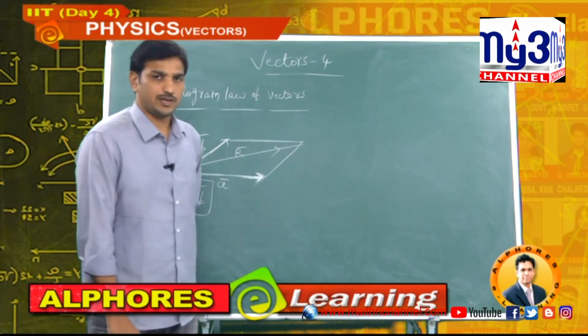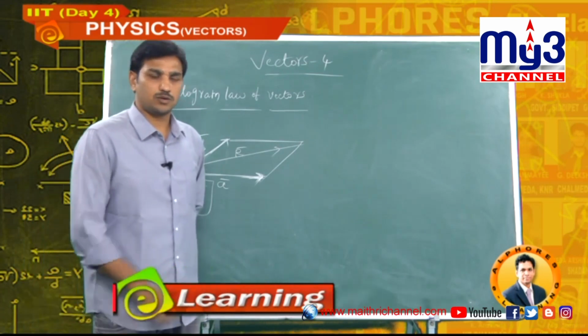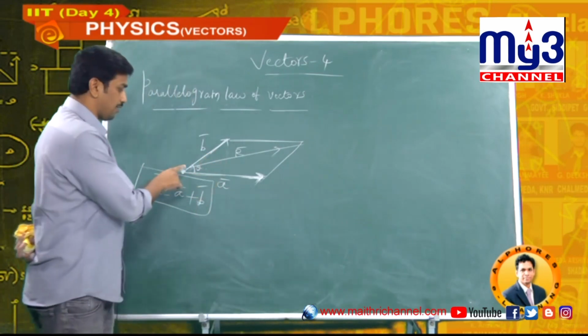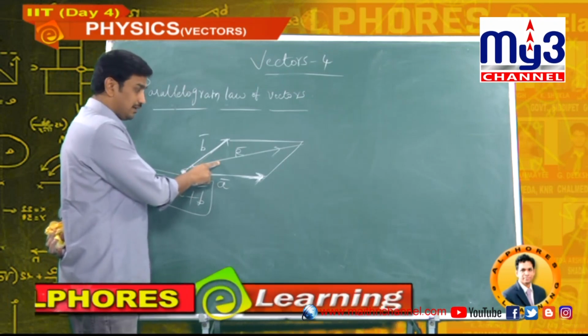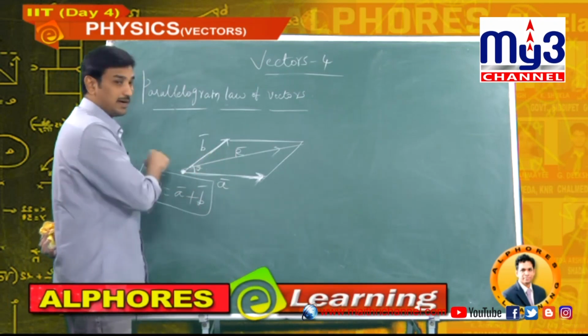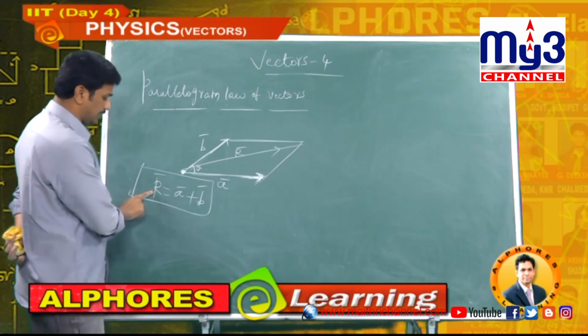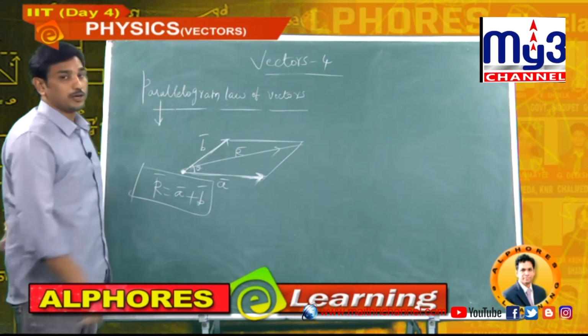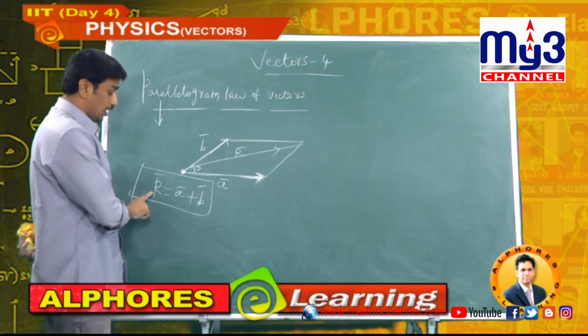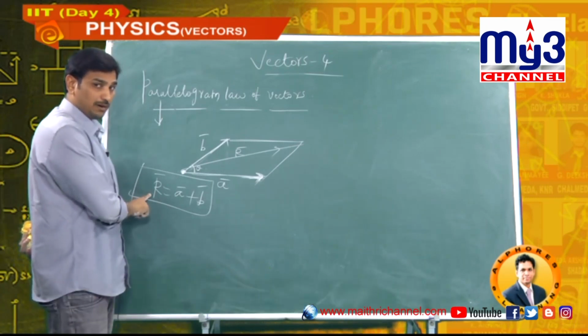This statement is too important for us. A bar, B bar are two sides of the parallelogram and they have an angular separation of theta. Now the resultant is the diagonal, that is A bar plus B bar. Now we have to calculate the magnitude of R bar. That is the importance of parallelogram law of vectors. How to find the magnitude of R bar?